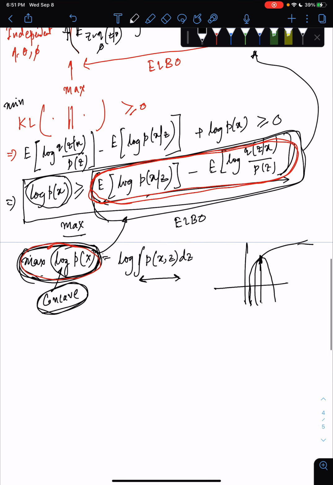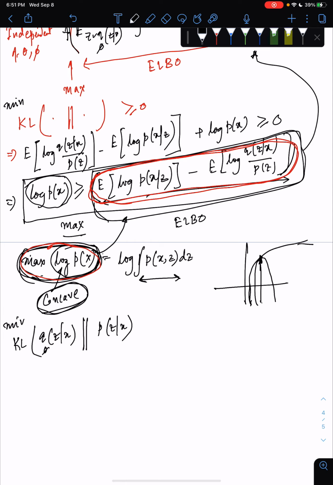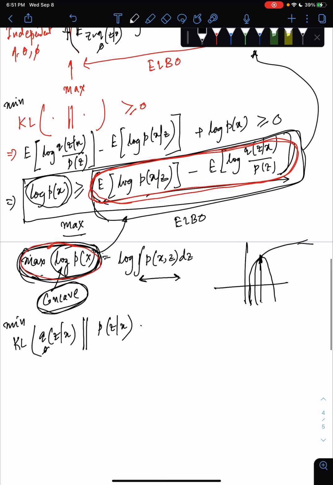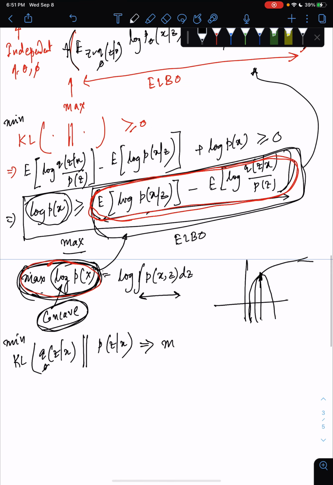So we actually started from here. This is my variational posterior, this is my true posterior. We want to minimize this guy, which in turn means we have to maximize the ELBO over theta and phi. This is called the ELBO, which we can write like this.